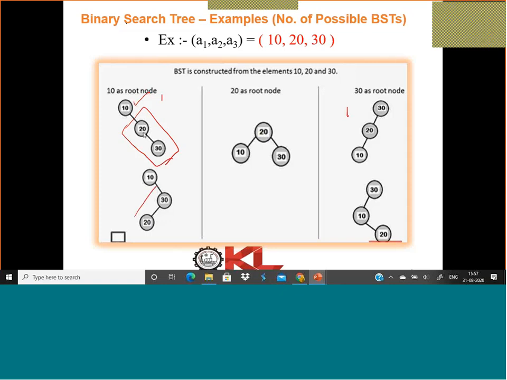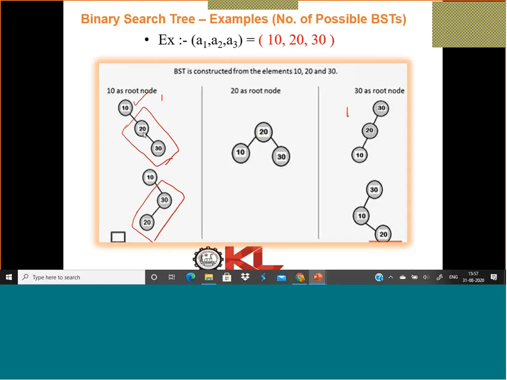Among these 2, I can select any one as the root element. If I select 20 as the root of the right subtree, the tree is like that. If I select 30 as the root of the right subtree, then the tree becomes like this.